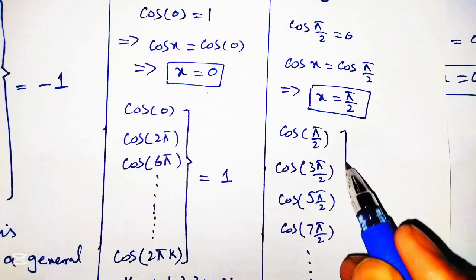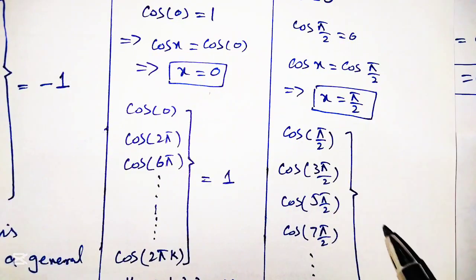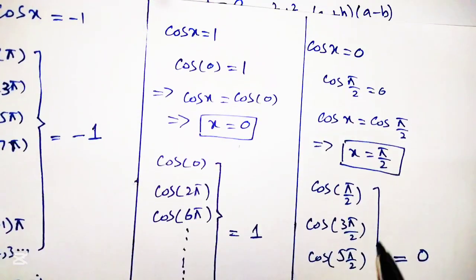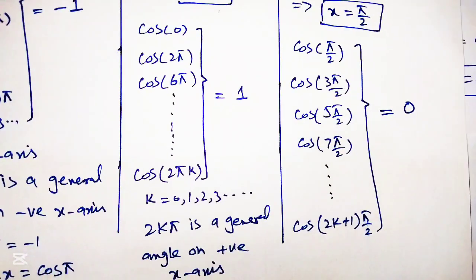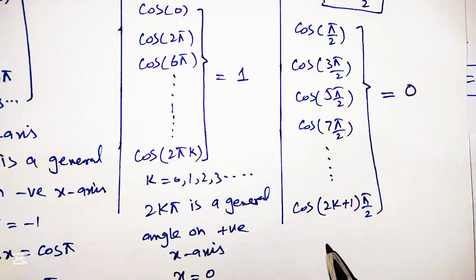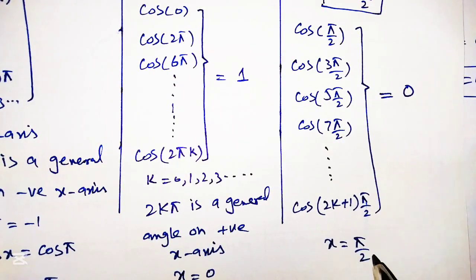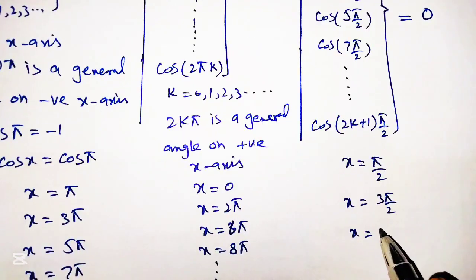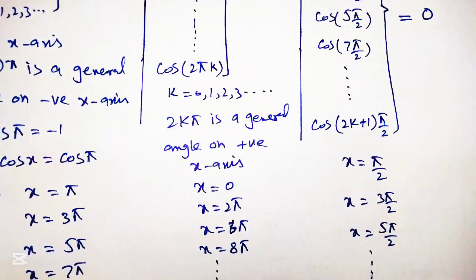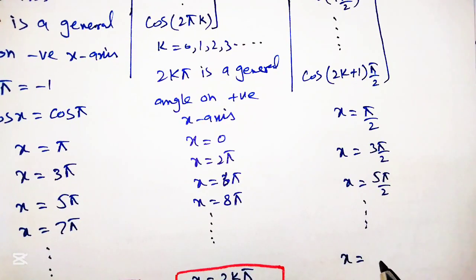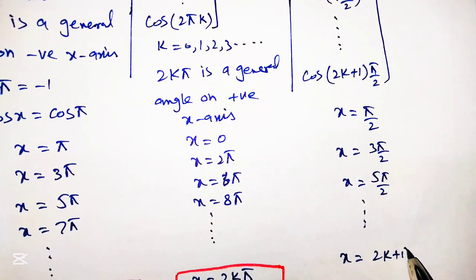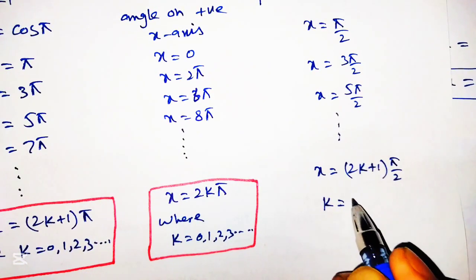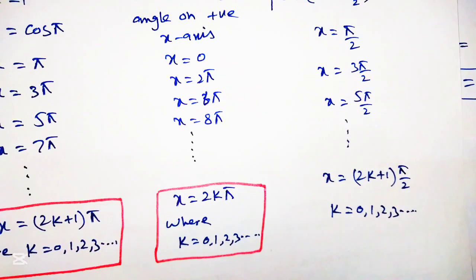On all these angles the value of cosine is 0, and after comparison we can find all the values of x as x is equal to pi by 2, x is equal to 3 pi by 2, x is equal to 5 pi by 2, or in general x is equal to (2k plus 1) pi by 2, where k is equal to 0, 1, 2, 3, and so on.